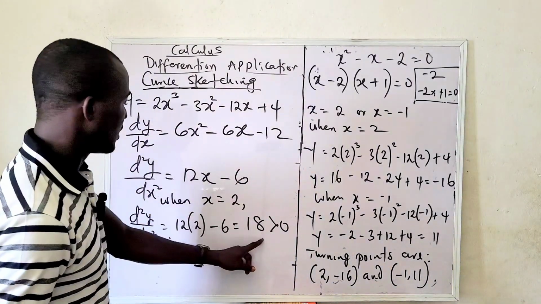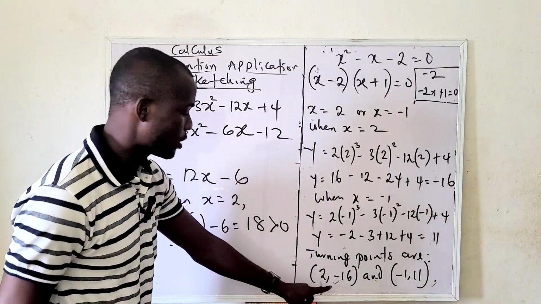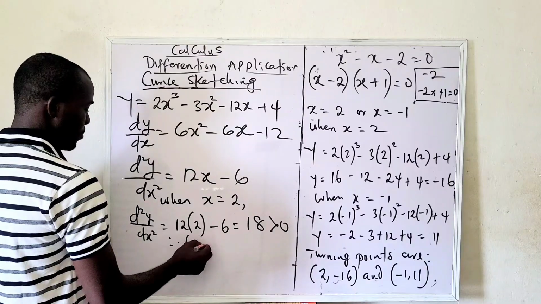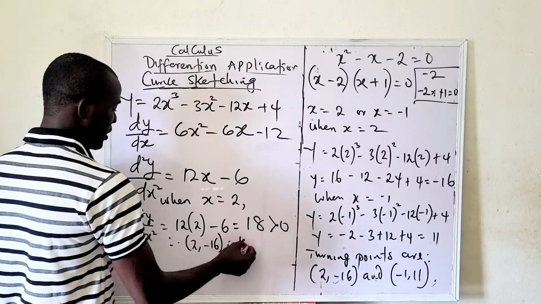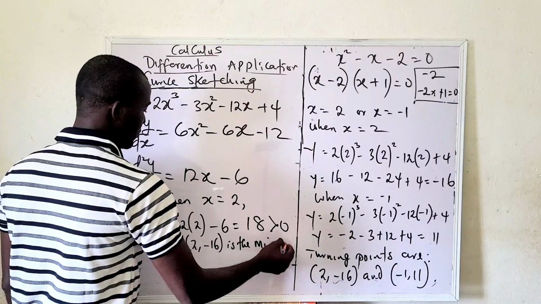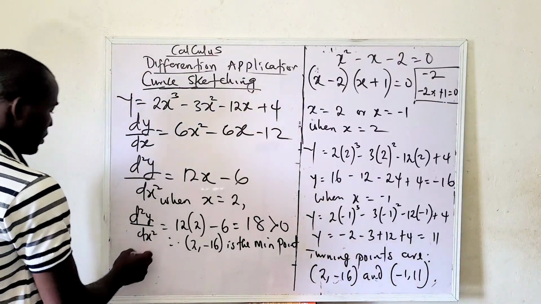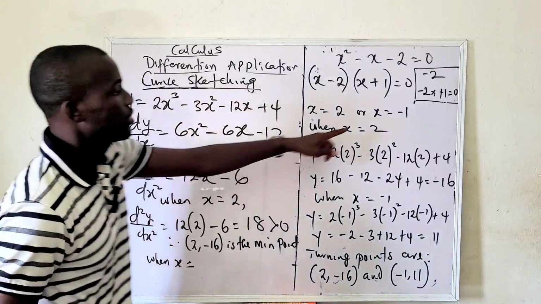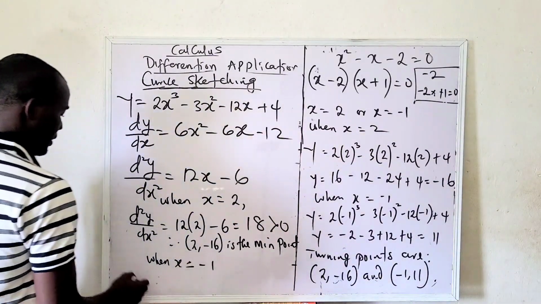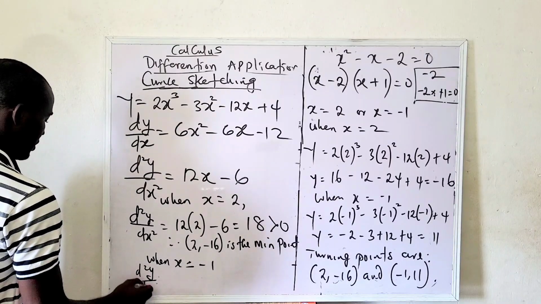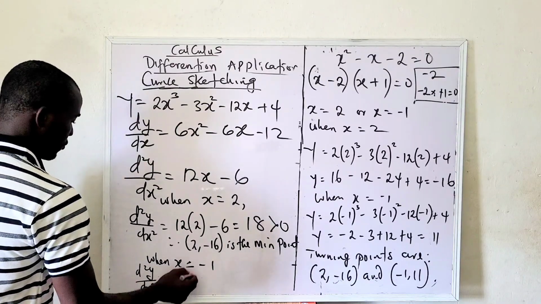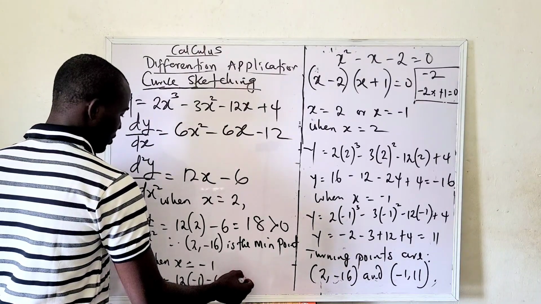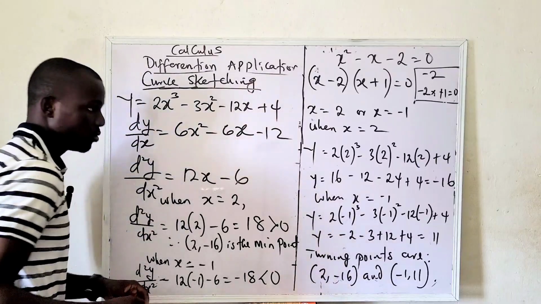Therefore, what gave us that was x equals 2, and that corresponds to this point. Therefore, 2 comma minus 16 is the minimum point. We've achieved that. Now again, when x equals the second value, minus 1, our second derivative will become 12 times minus 1 minus 6, and that will be minus 18, which is less than 0, isn't it?